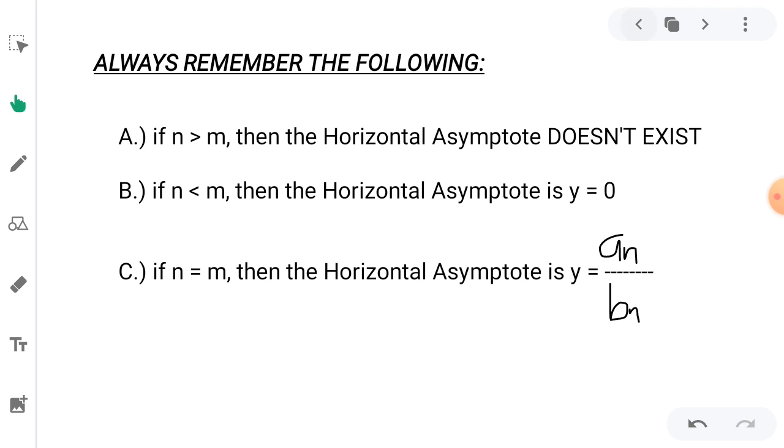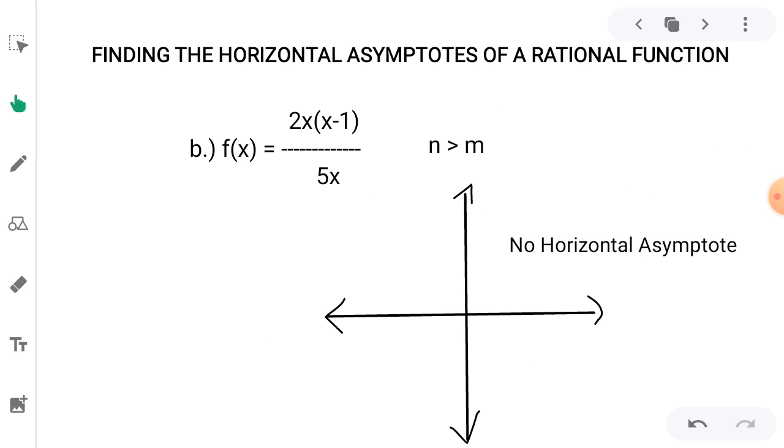Again, the rule is if the numerator exponent is greater than the denominator exponent, then the horizontal asymptote doesn't exist. So there is no horizontal asymptote in this function.